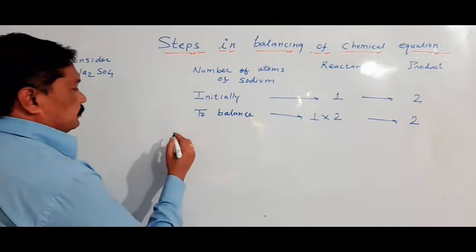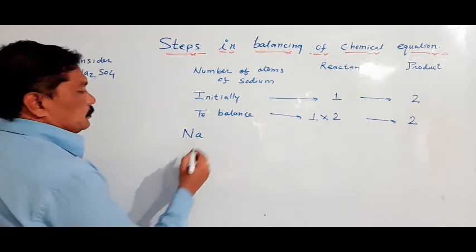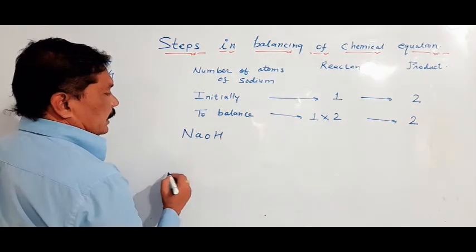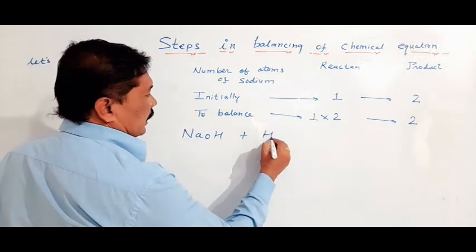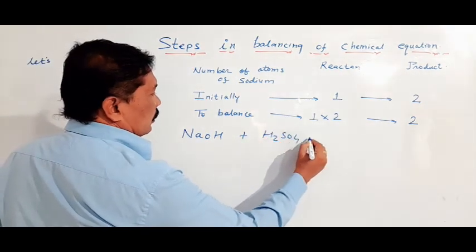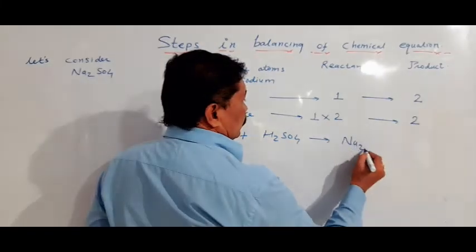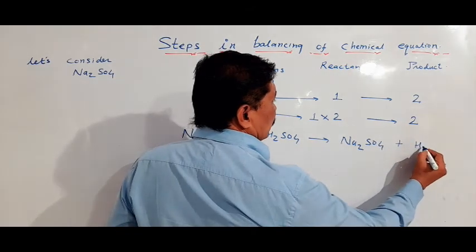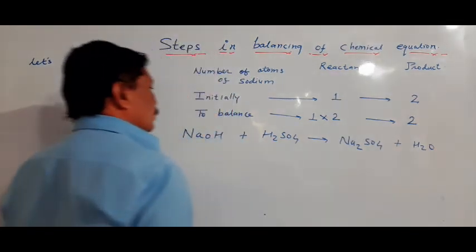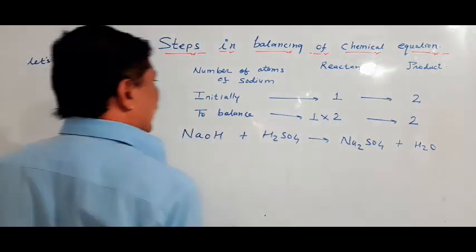Our equation: NaOH, sodium hydroxide, plus sulfuric acid H2SO4 gives sodium sulfate plus H2O, water. What we will do in order to balance?